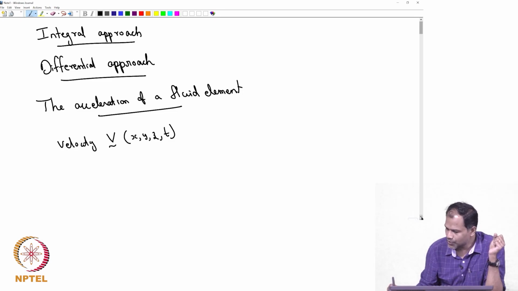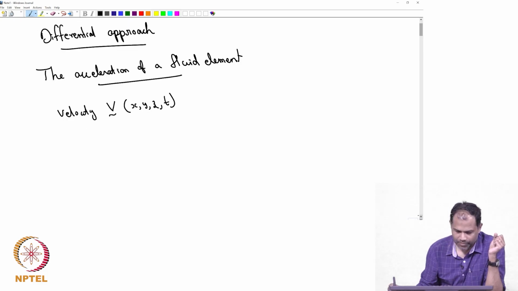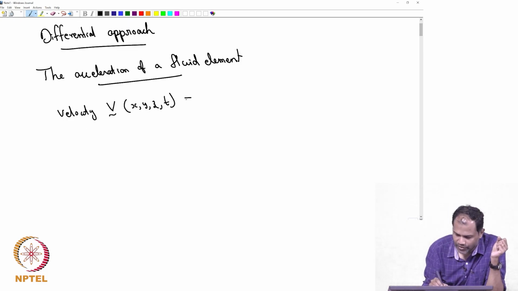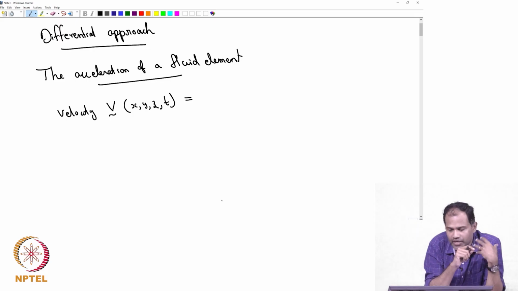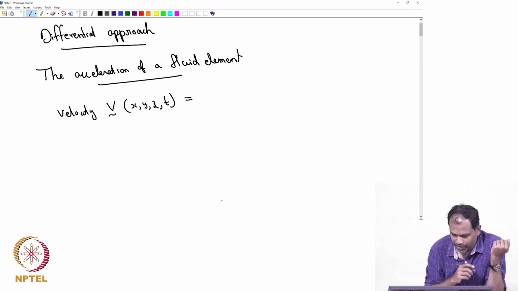Now, you could calculate acceleration in two different ways, but let us see first of all velocity. Since it is a vector, it has an x component, a y component and a z component. So, let me write it explicitly.